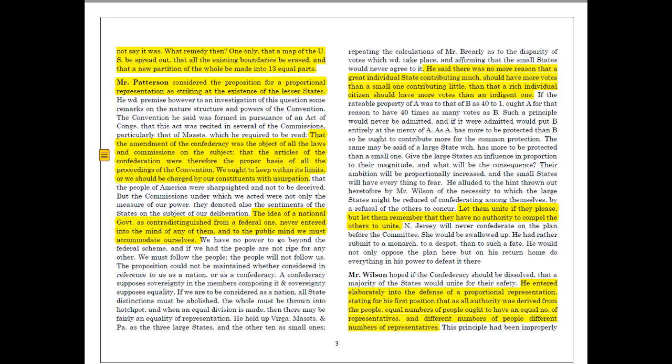If you remember our discussion, the Articles themselves declare that they shall be perpetual, and that any amendments to the Articles require the unanimous consent of all the states.